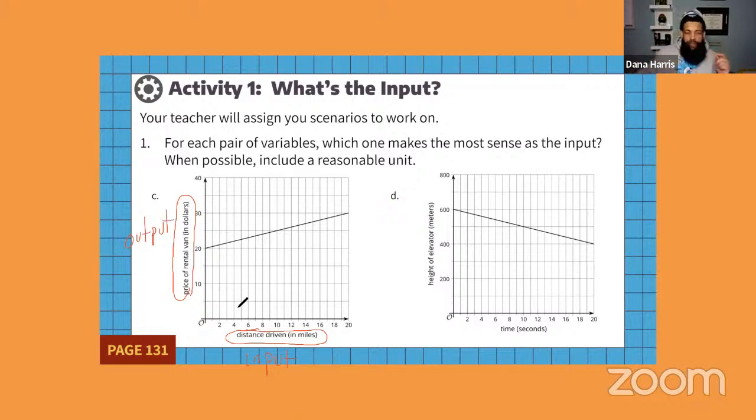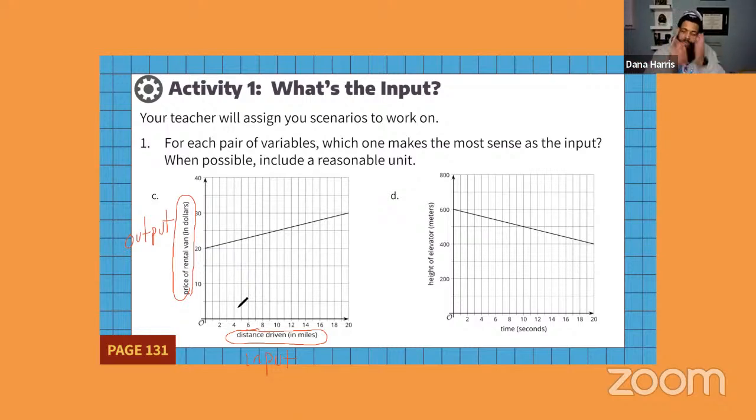Is the price of a rental van determined by the miles driven? In a lot of cases, if you go rent a car, you have a price per day. Sometimes they charge you by the mileage, sometimes they charge you by the day.